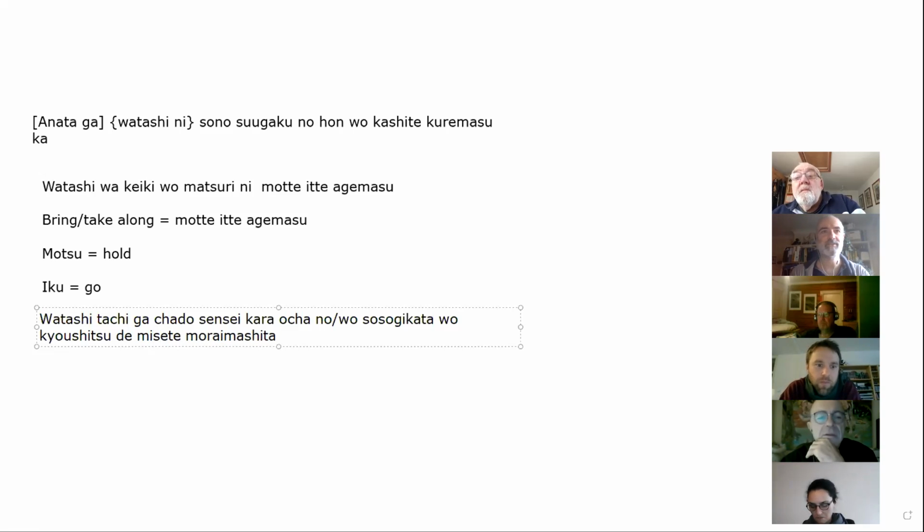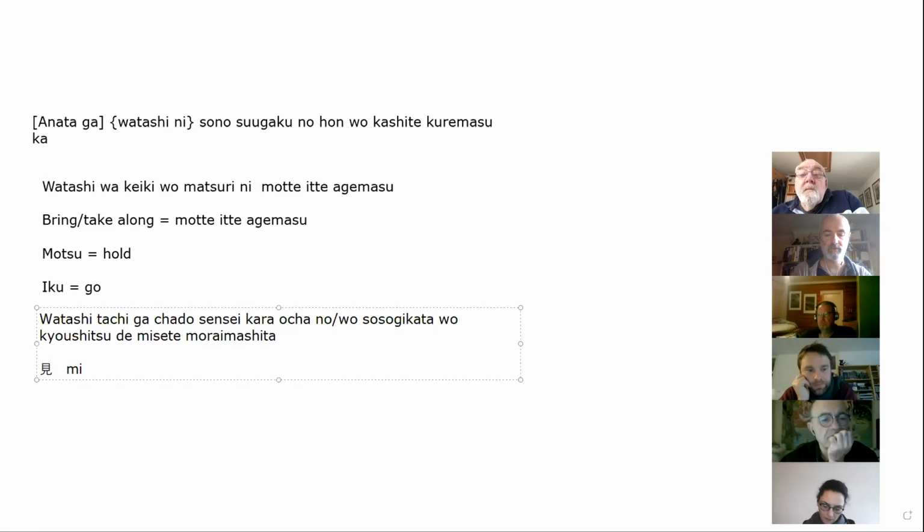Good. Okay, so for some of you, and I know that most of you know this, for looking and showing, there are all these different ways of using this kanji. Mi. This one here means to see, and it also means can, isn't it, Jock? I think so.